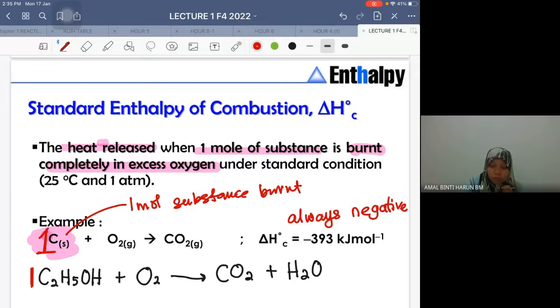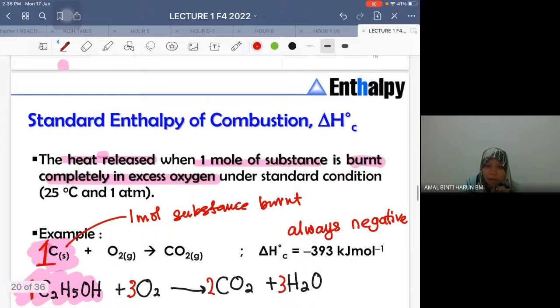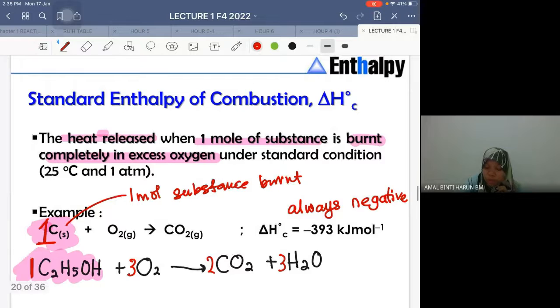Okey, so kita balancekan 2. Ni hidrogen sebelah kiri, 6 sebelah kanan, mesti times 3 you dapat 6 hydrogen. And then oxygen, 3 oxygen. Yang mana yang mesti 1 mol? This one. Okay. Lepas tu, apa lagi yang mesti kita mention kat sini? Di sebelah kanan equation tu, mesti buat delta H combustion is negative.